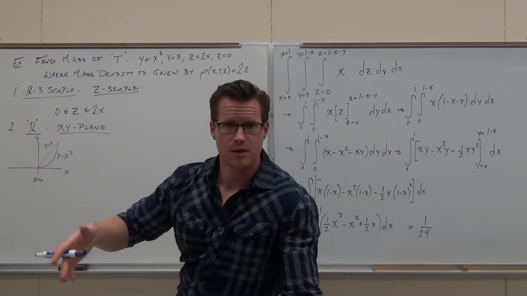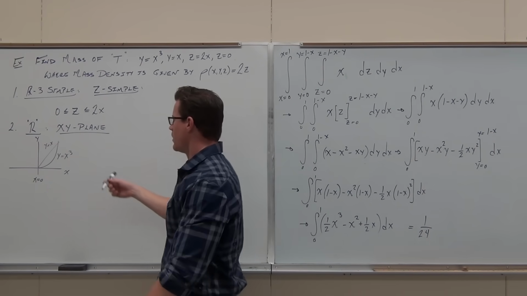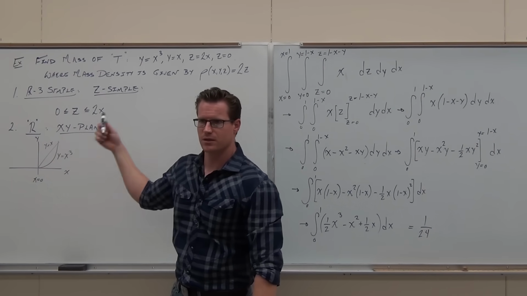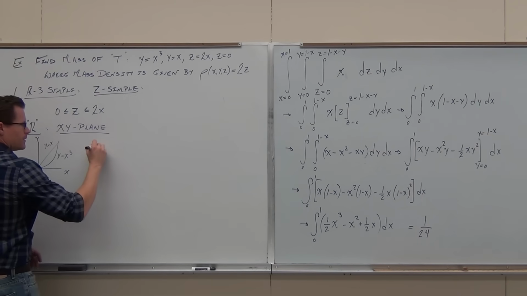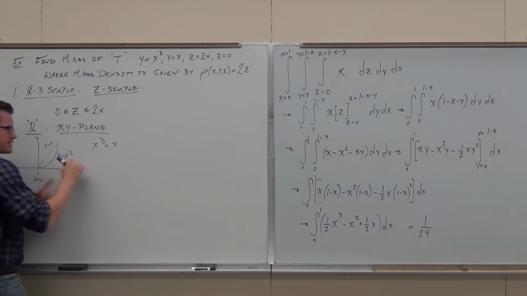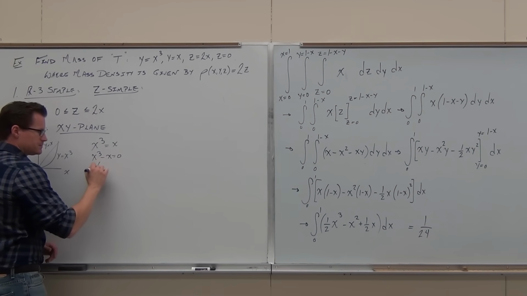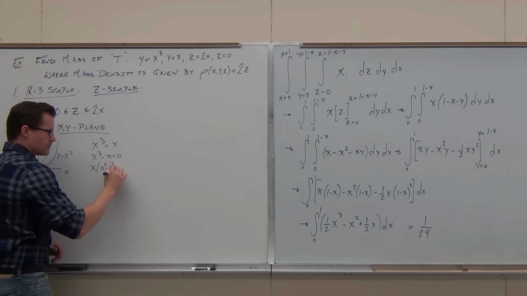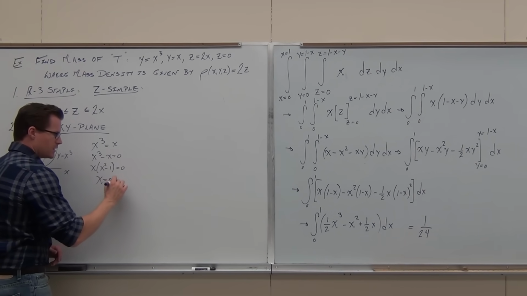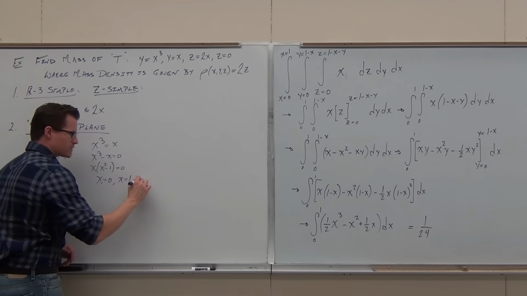Does that make sense? So how do we do it? How do you always find out where things intersect? You set these equal: x cubed equals x, so x cubed minus x equals 0. We get x equals 0, x equals 1, and x equals negative 1.